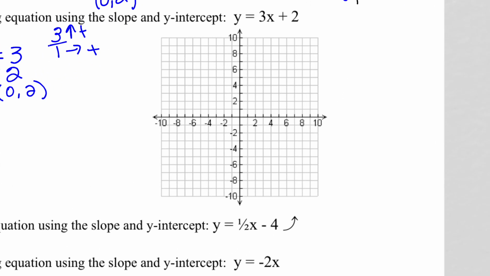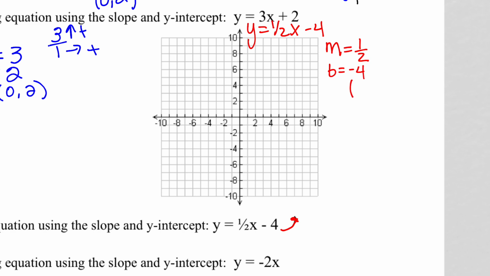Okay, on the second graph, this is number 4. You can see the arrows down here telling me which graph goes where. So I'm going to write up here y equals 1/2 x minus 4. I'm going to put my m is 1/2 and my b, so my y-intercept is -4.